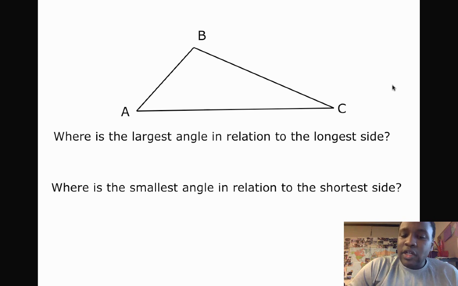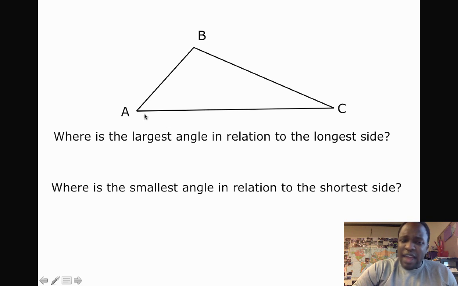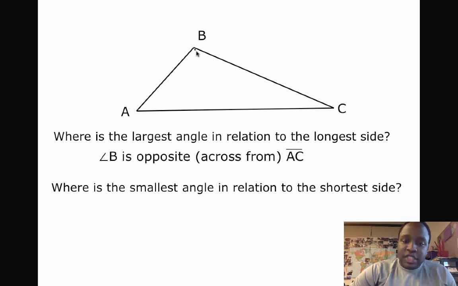Where is the largest angle in relationship to the longest side? So AC looks to be the longest side, and angle B seems to be the largest angle. Well, it turns out angle B is opposite or across from side AC.